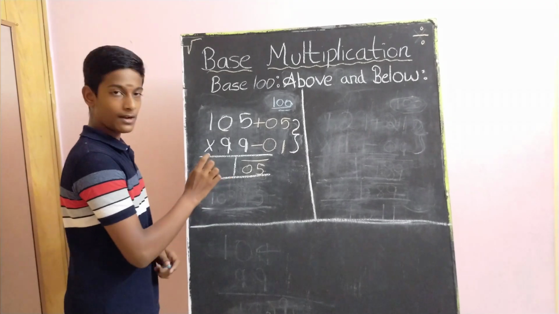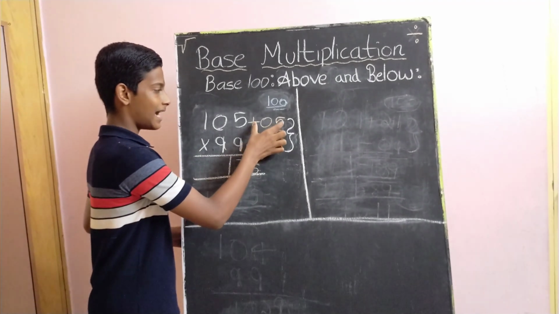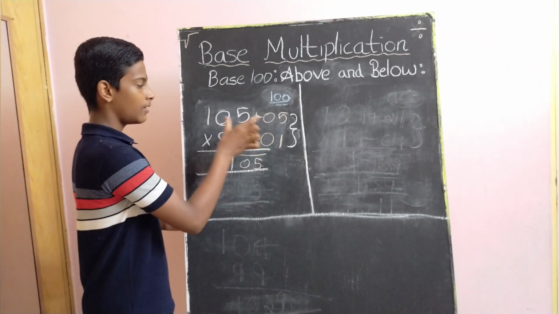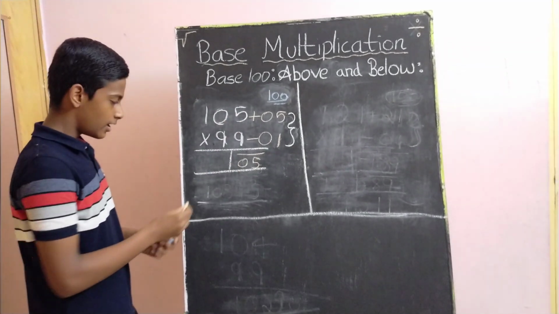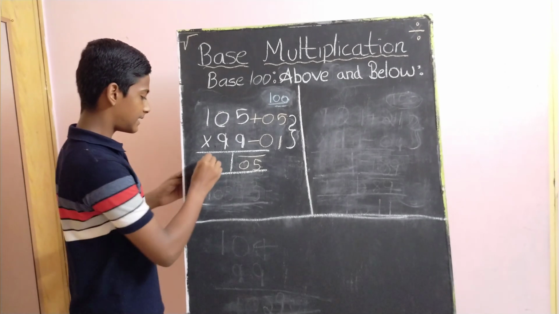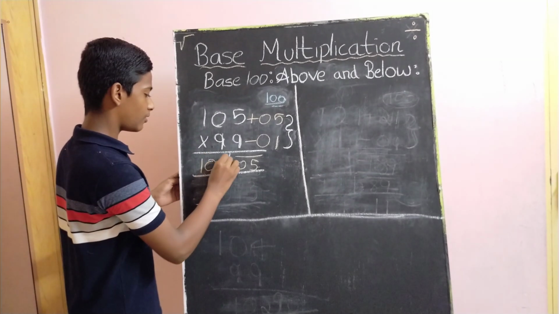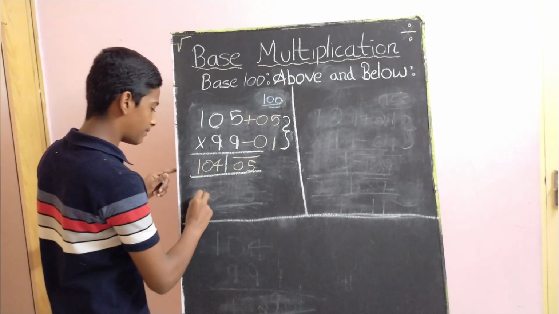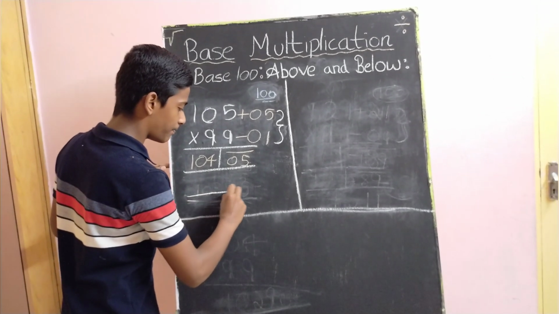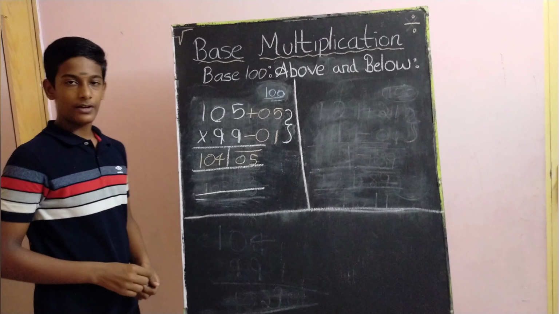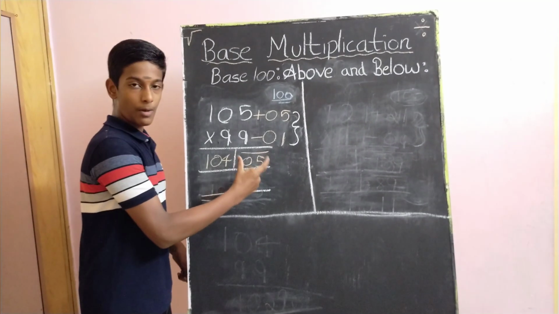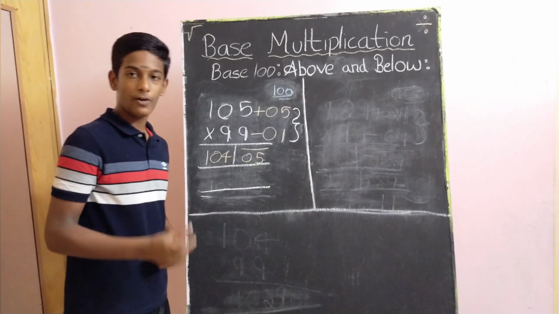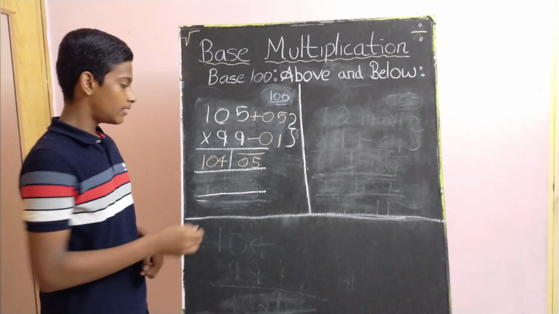To obtain this part of the answer, we must add 5 with 99 or subtract 1 from 105, as both of them give us the same answer, 104. Now, how do we convert this minus 05 into a positive number? For that, we must write the complement of this number.